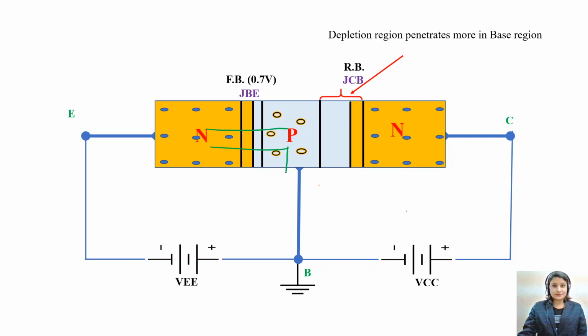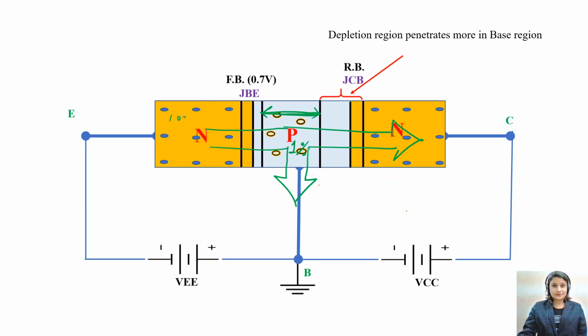Due to the change in the width of this base, it has reduced. So that means recombination of electrons at the base also has reduced. Let us consider 1%.